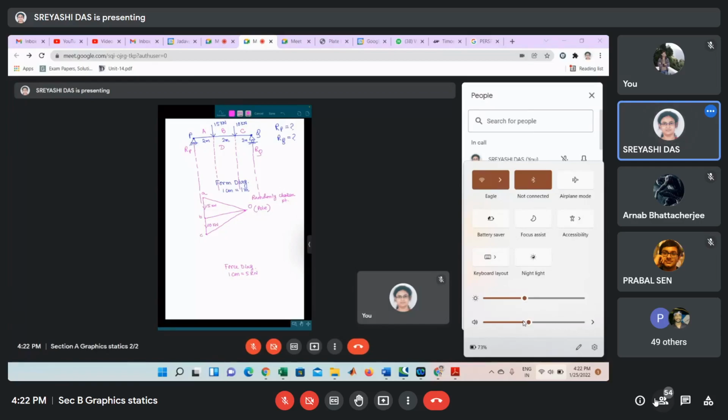We will draw a line parallel to OA using a set square from here. So this line is parallel to OA. This is a special case.